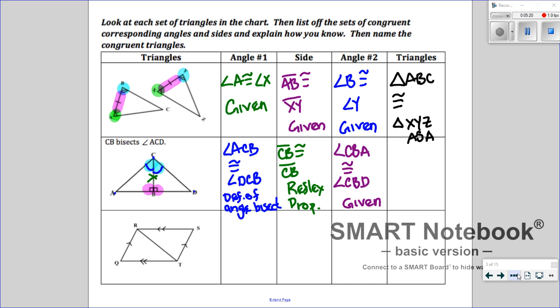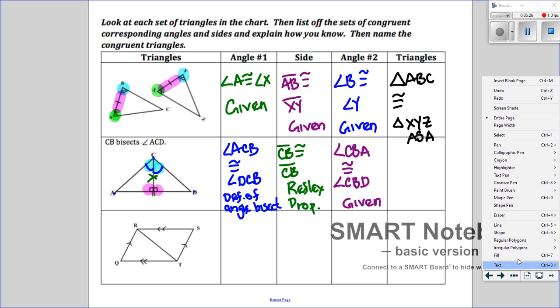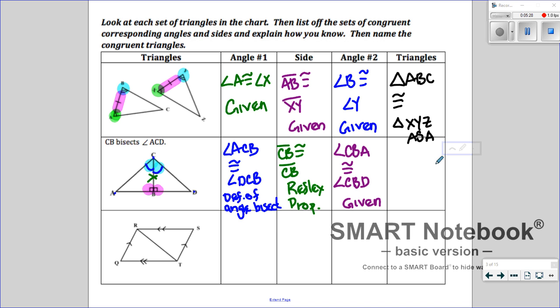And now we can prove that those two triangles, ACB is congruent to DCB, because of angle side angle. So triangle ACB is congruent to triangle DCB, and it's because of angle side angle.